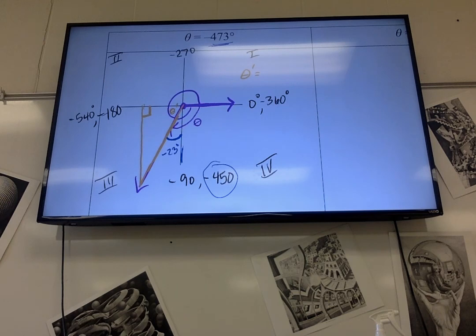We're just worrying about the positive angle right now. Reference angle is a positive angle that always goes from the terminal side to the x-axis. So theta prime then would be 90 minus 23. So theta prime should be 67 degrees. And it's always going to be positive.